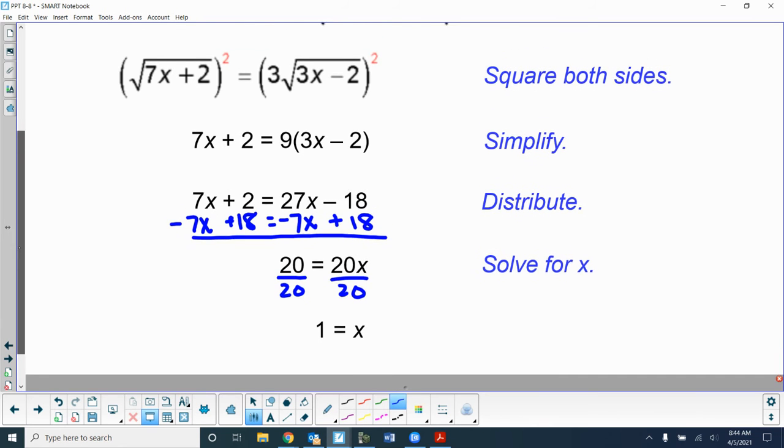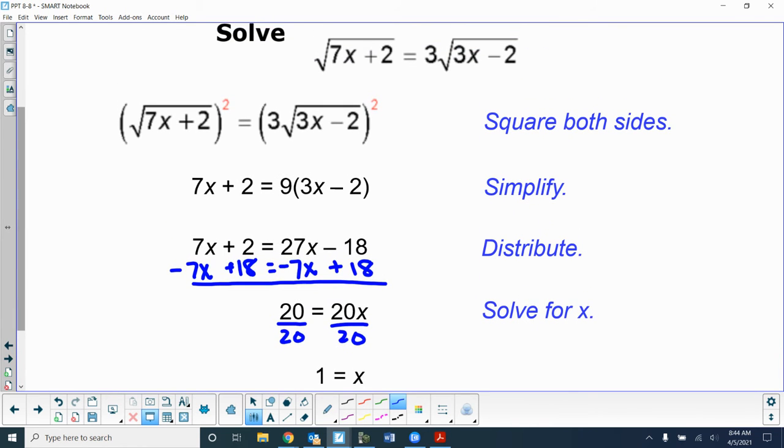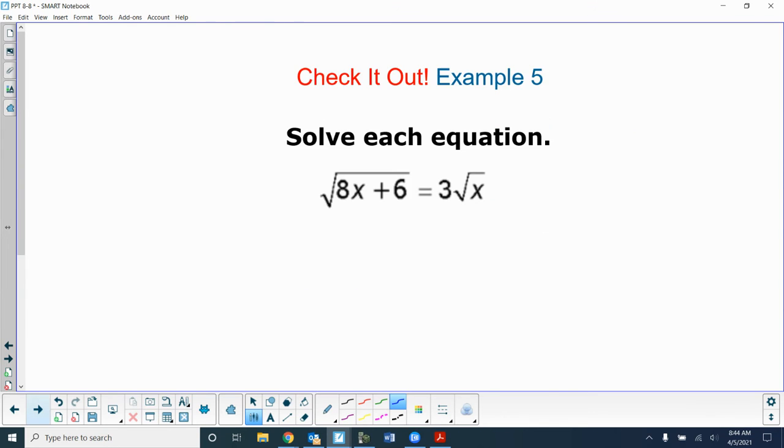So you'll get this situation sometimes where you have a radical on both sides. It's not too bad when it's 3 times that. When it's 3 plus that, it's a little bit different. Okay, let's see if we have one of those. I think we might. No, not that one.